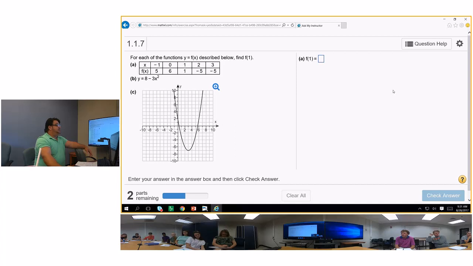All right? And it says, find f of 1. Well, f of 1 means I'm going to plug in what? 1 for X. And that's going to be negative 3 times 1 plus 8. I can't show you both of them, I'm sorry.